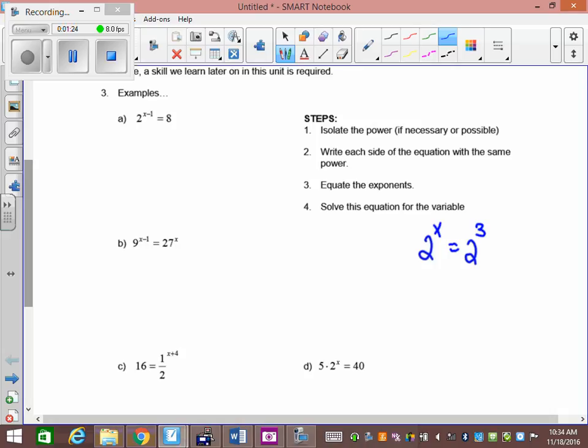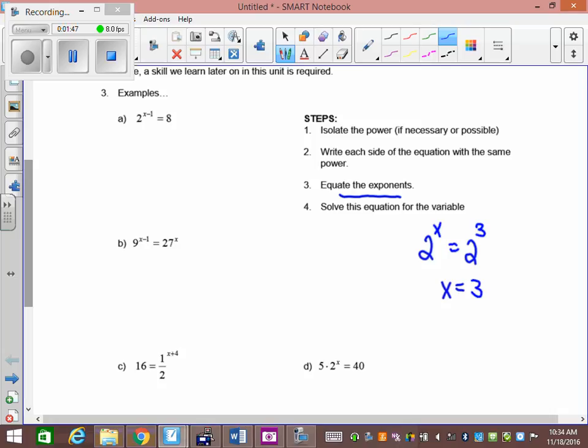You're like, that's stupid. Of course it would be 3. So that's why when we get something to a common base, we can equate the exponents. It means that we can take these exponents out and I can set them equal to each other. People are like, I just cancel off the bases. No, you're not actually canceling off the bases. You're just setting the exponents equal to each other because it makes sense, right? If they're the same bases and they equal something, then their exponents have to equal the same.